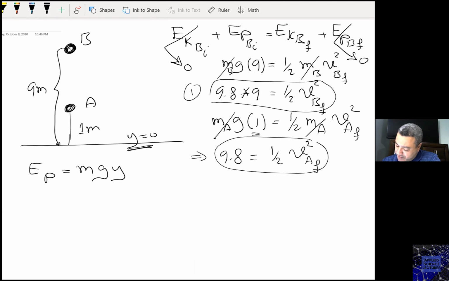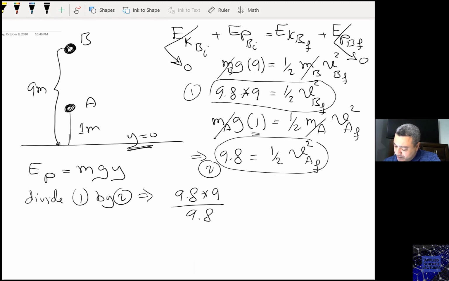If I call this one 1 and this one 2, divide 1 by 2, so 9.8 times 9 divided by 9.8 equals half VBF squared divided by half VAF squared.